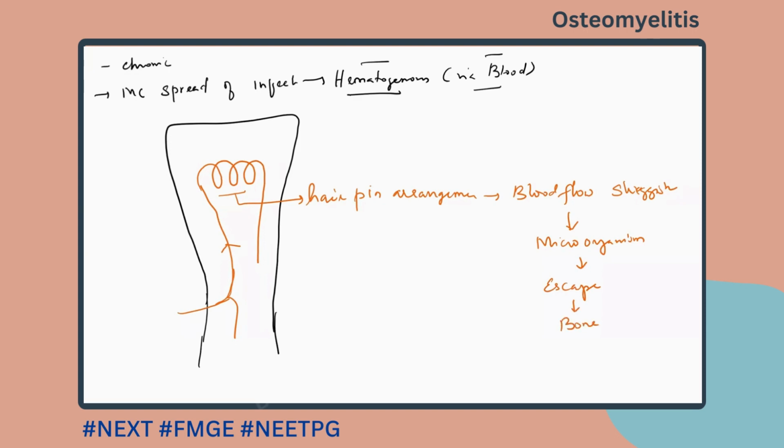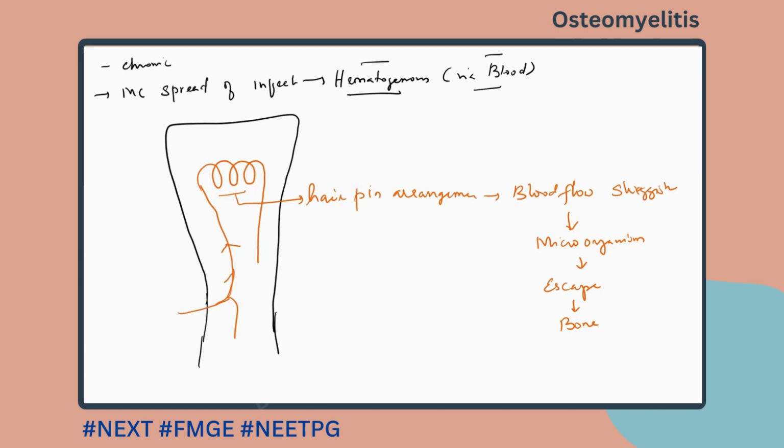Can you understand this? Because the blood vessels are arranged in the form of a loop, blood cannot go rapidly through that. Blood goes very slowly through that loop. So when the blood is very sluggish, microorganisms easily escape out of the blood vessel into the bone.